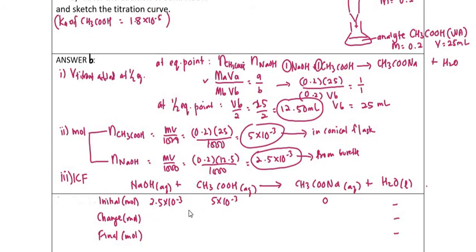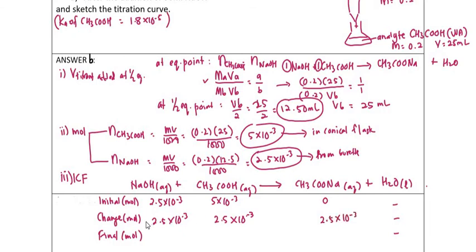Di sini bila kita guna ICF, ingat pada row change kita tak guna unknown X, kita guna nilai limiting reactant. Between these two reactant, nilai siapa yang paling kecil, itulah limiting reactant kita. So di sini 2.5. So semuanya terlibat dengan 2.5. Right, di sini pun 2.5 eksponen negatif 3.